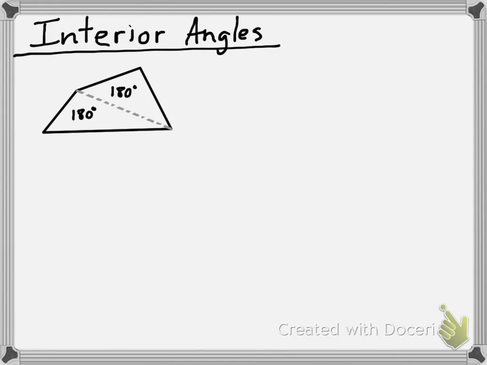So, if a quadrilateral is made up of two triangles, then how much do you think all the angles inside of a quadrilateral add up to be? 360, because 180 plus 180 is 360. So if you add all the interior angles of any quadrilateral, it equals 360.